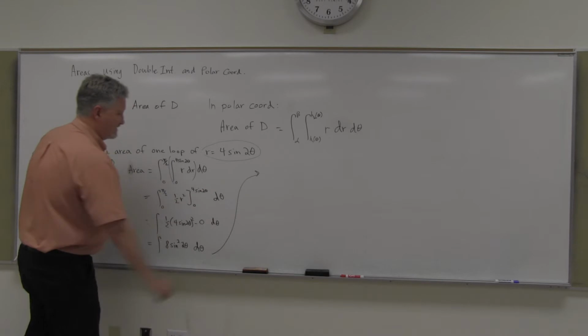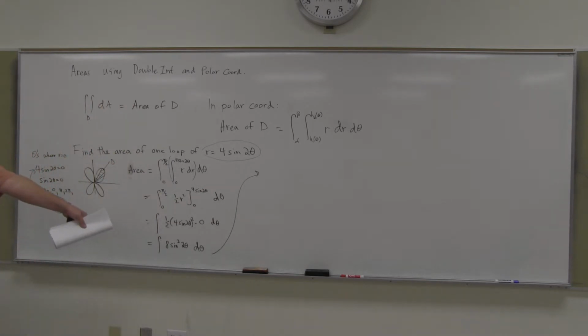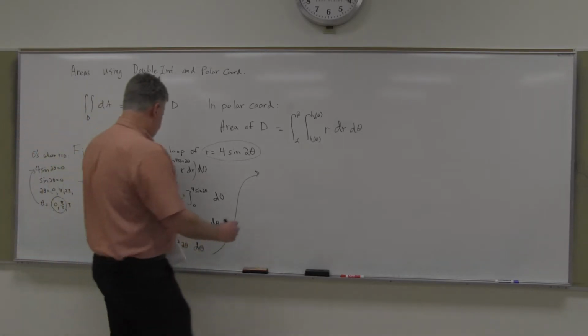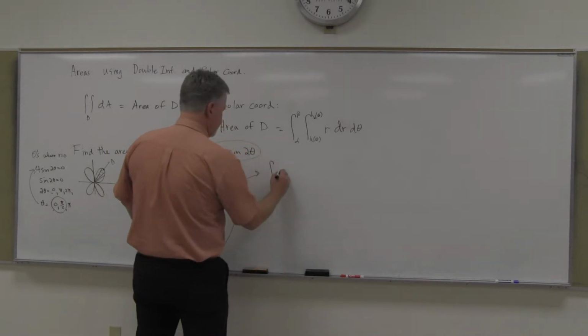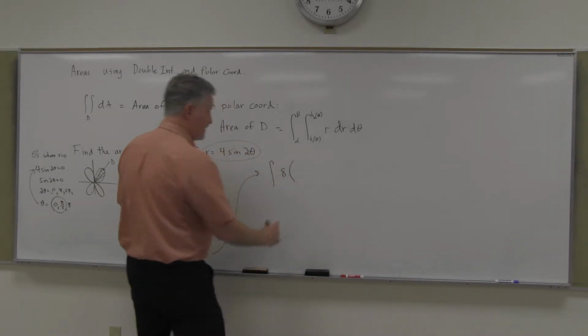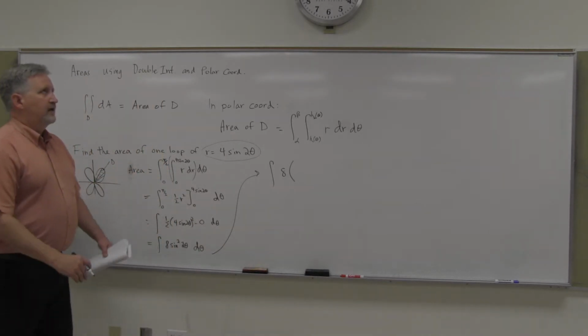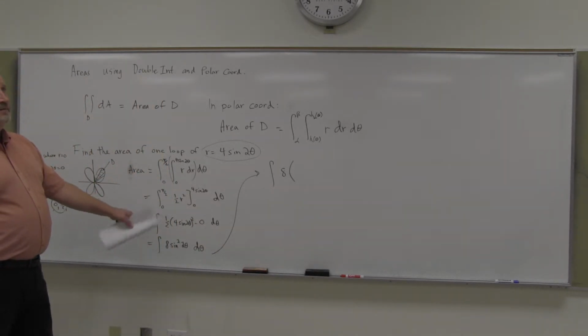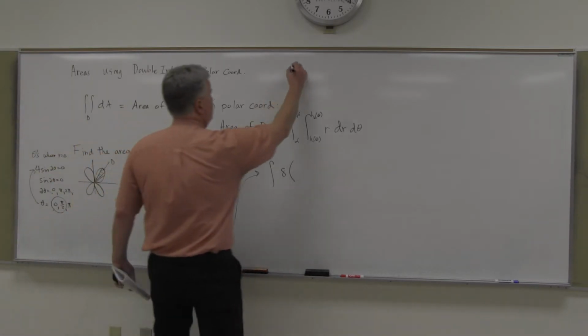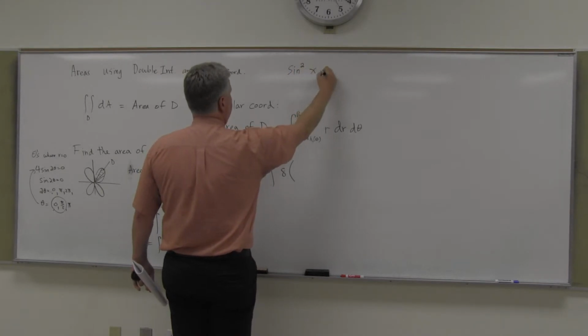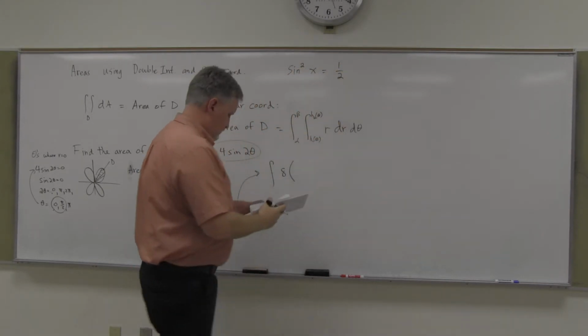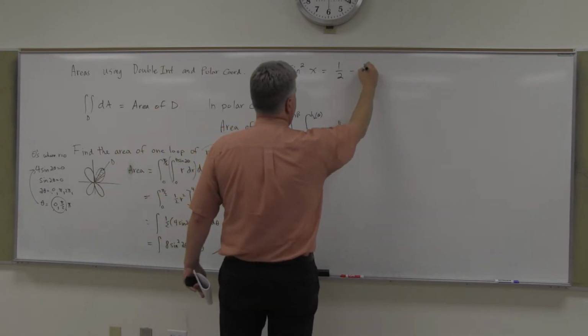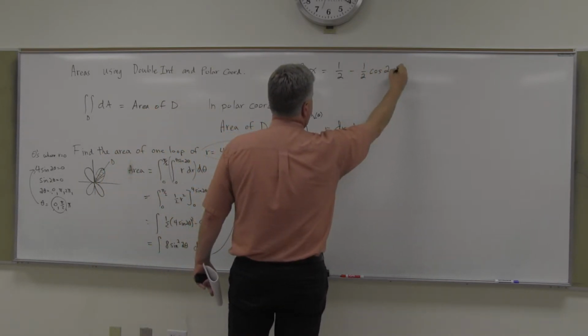Which brings another blast from the past here. How do we do a sine squared integral? Remember the old double angle? So yeah, that sine squared, we changed that by the double angle identity. I believe sine squared x was 1/2 minus 1/2 cosine 2x.